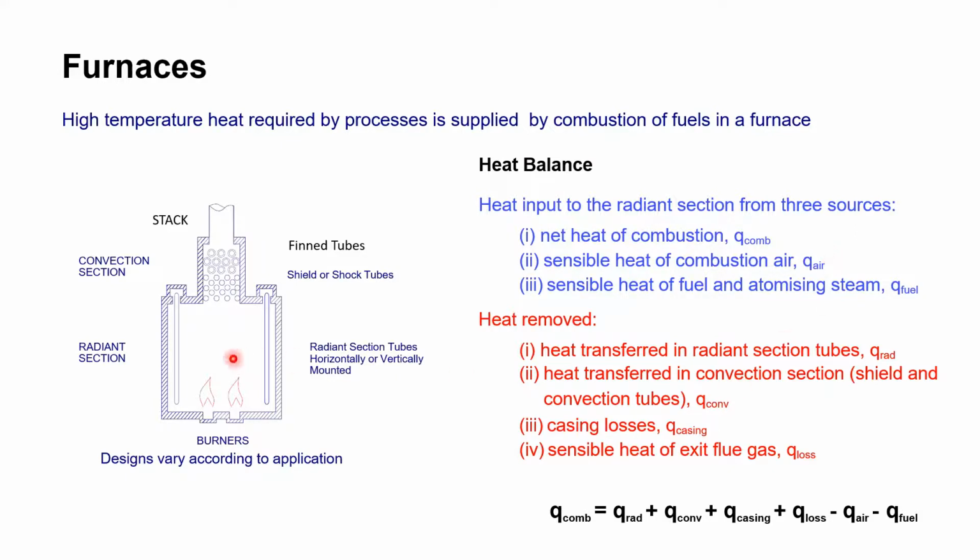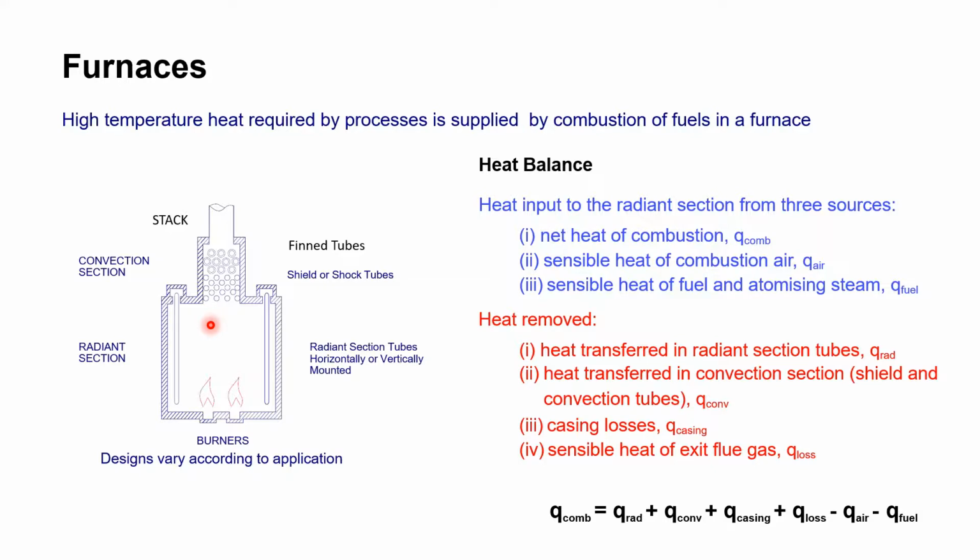First, you can transfer the heat from the combustion chamber to the radiant section, where you want that heat to be utilized in the process. Then another one is that heat is taken out through the convection section, where you use a lot of tubes to recover the heat from the quite hot flue gas.